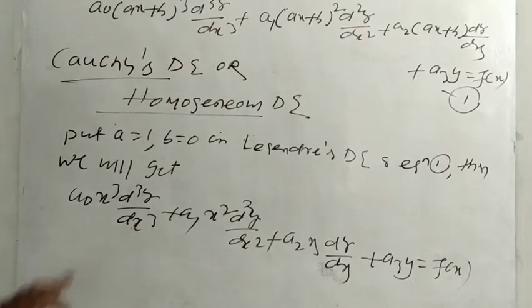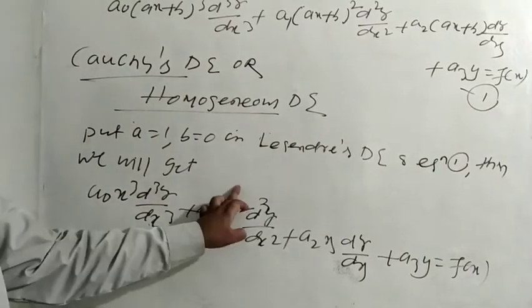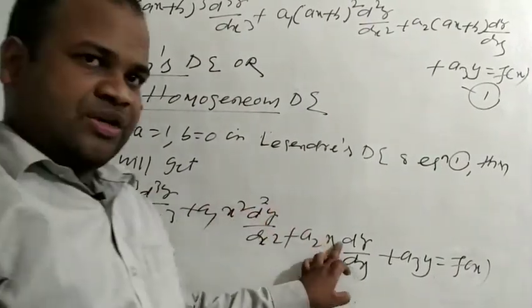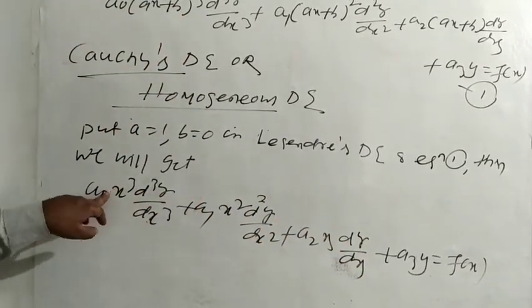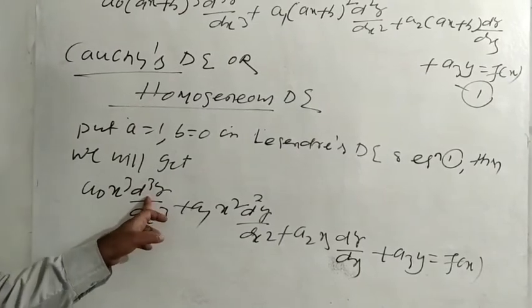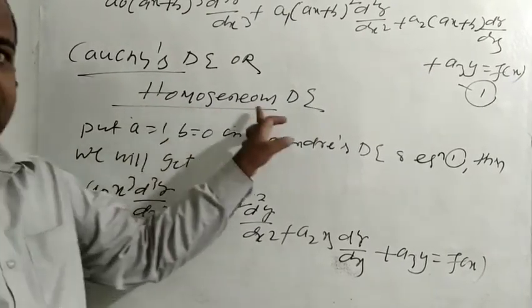Here we have x cube d cube, x square d square, x d, meaning the power of x and the order of the derivative are the same. So this is known as the homogeneous differential equation.